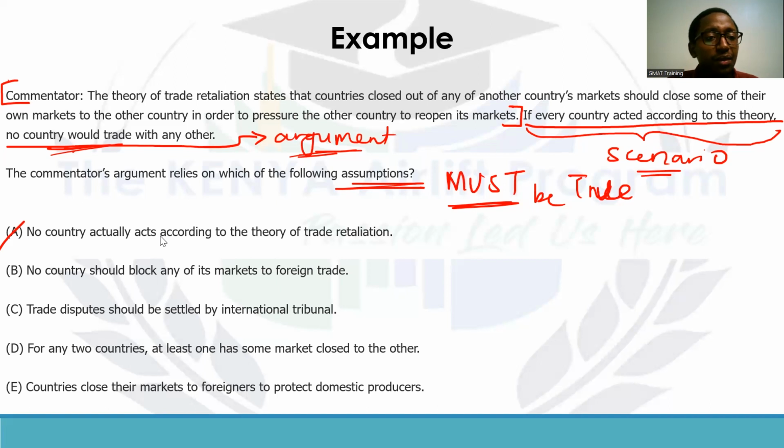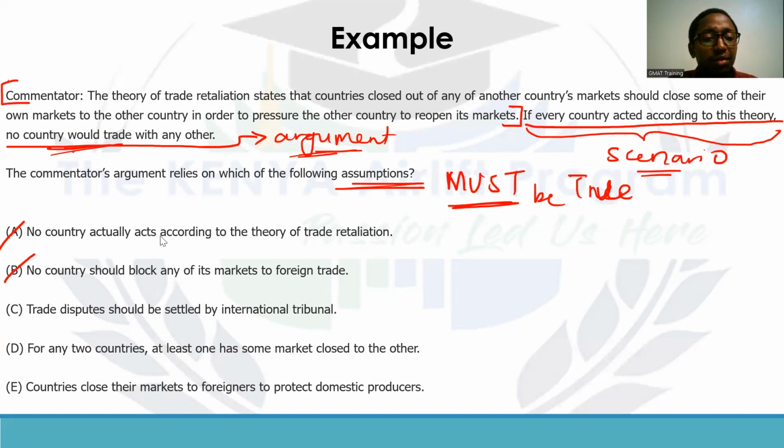B, no country should block any of its market to foreign trade. Again, one of the truths is every country is acting according to this theory. And we know if they act according to this theory, they can actually block a market if another country closes its market to it.